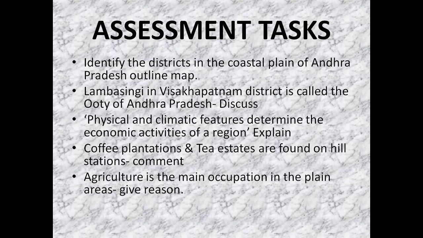Coffee plantations and tea estates are found on hill stations because in order to grow coffee or tea, the conditions should be dry. So that means the hill stations are suitable. Similarly, agriculture is the main occupation in the plain areas because most of the land is used for cultivation.